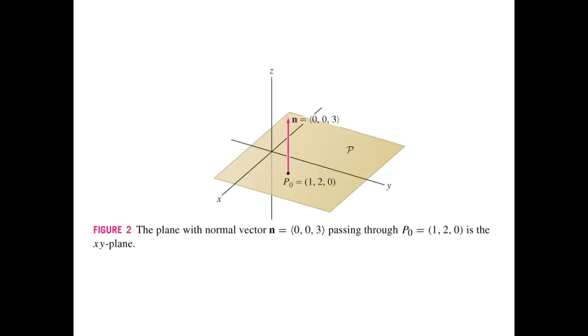In other contexts, sometimes we use the symbol n to represent a unit vector also. I don't think that's the case here. All that is required is that it's a vector normal to the plane. It passes through your point 1, 2, 0.